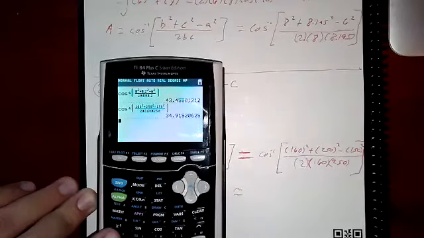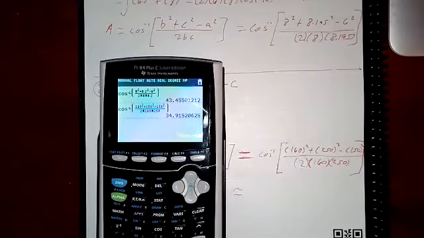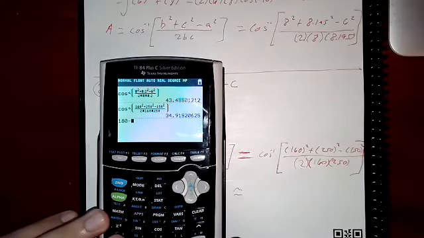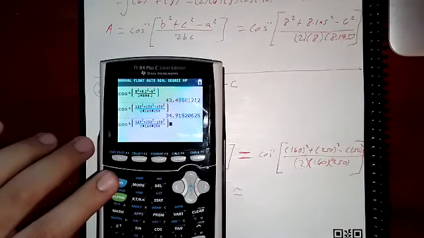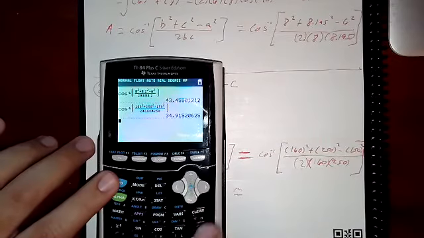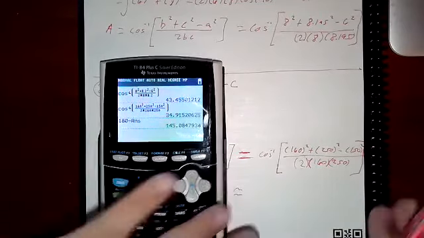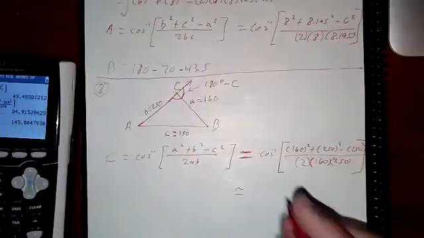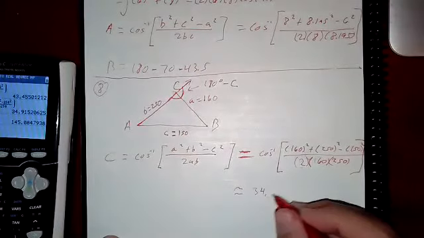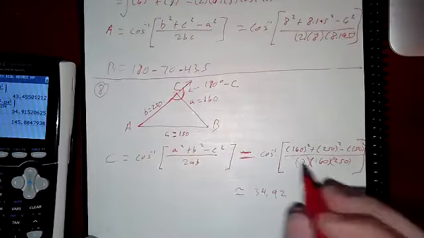All right. So if angle C is 34.91, but what I want to know is the difference from there. So I believe it's 145. 34.92.